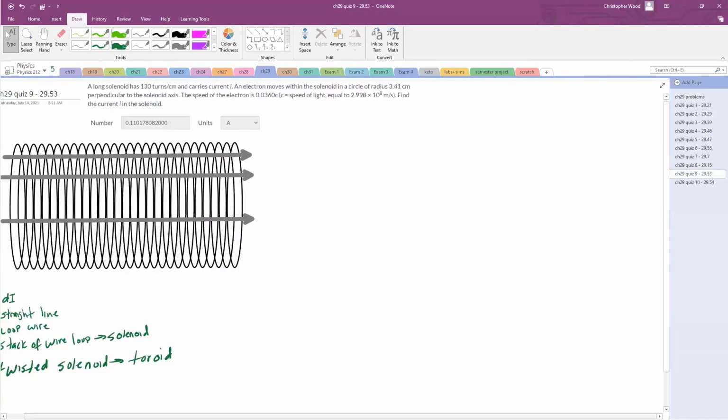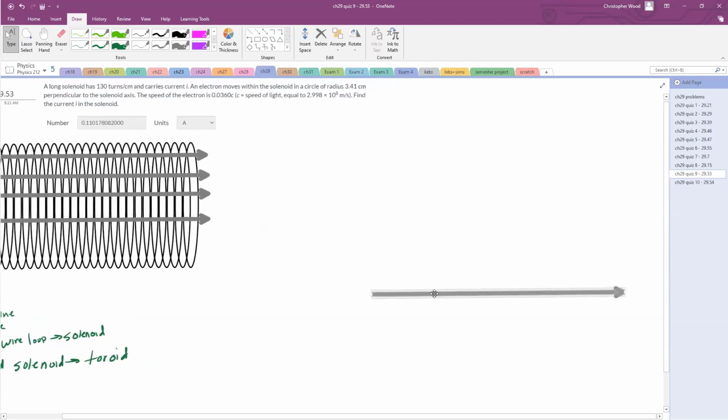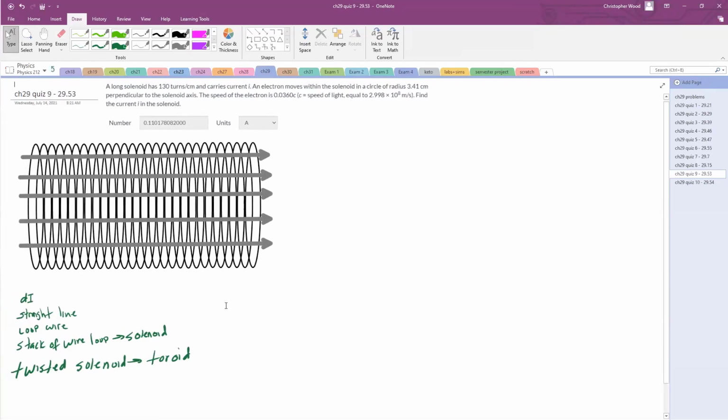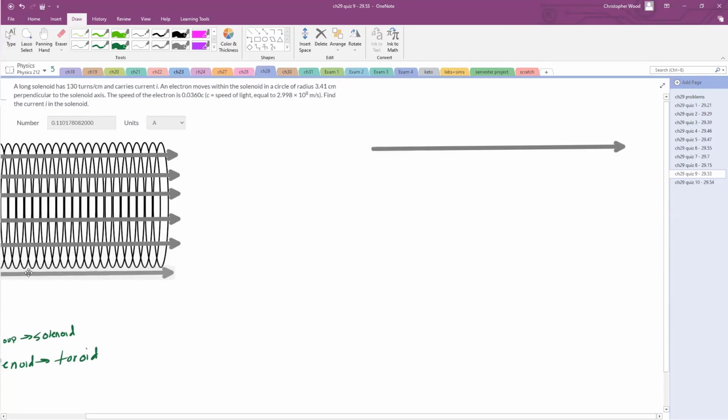All right, so I'm trying to draw a whole bunch of uniformly spaced magnetic field lines. Maybe this is sufficient. And again, this is why we like solenoids. They're the magnetic equivalent to a capacitor. A capacitor stores a whole bunch of electric field lines, electric potential energy.